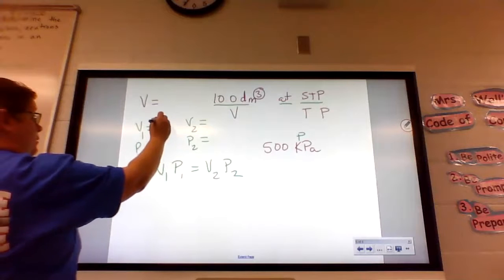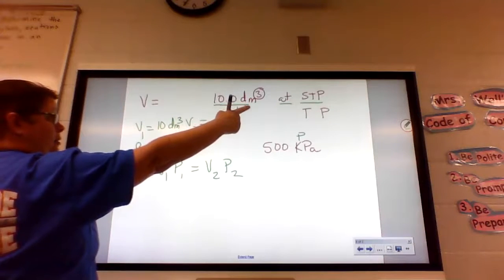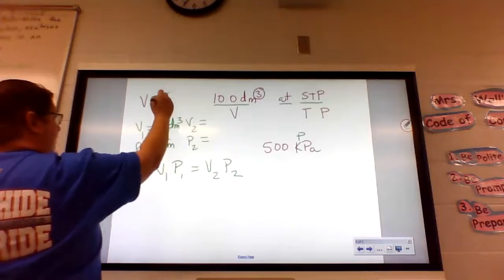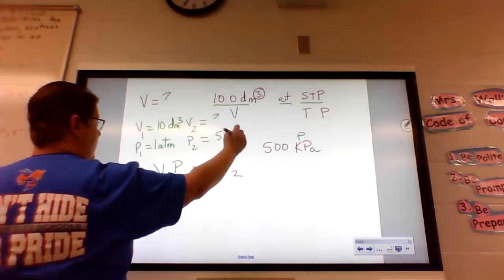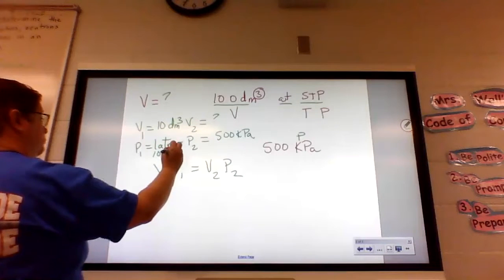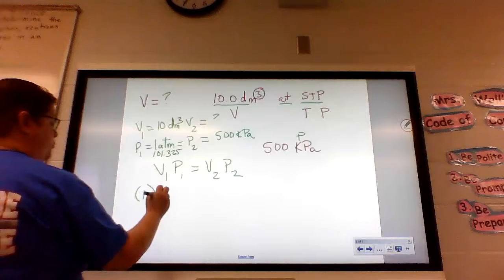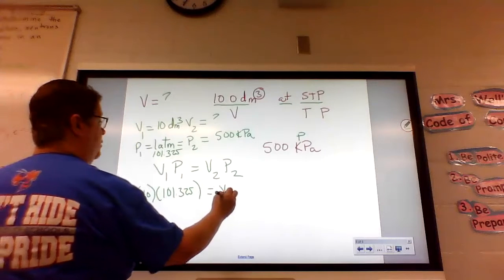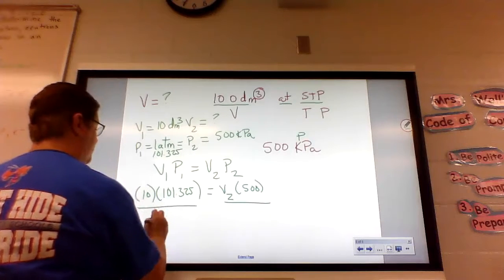That 10 decimeters has to stay with standard pressure, so 1 ATM. And then the find the volume has to be the 500 kPa. So my V1 is 10, my P1 is 101.325, my V2 I don't know, my P2 is 500. Divide both sides by 500.